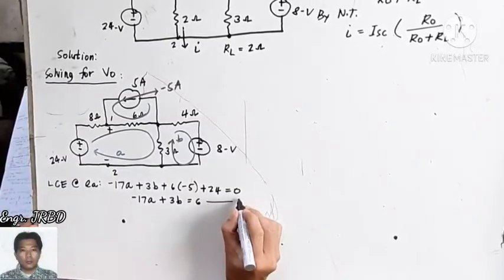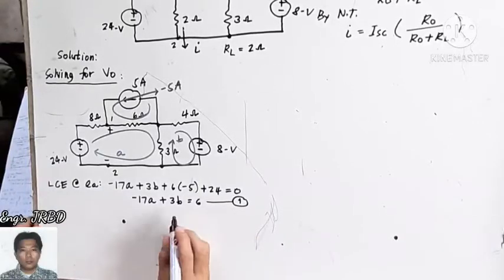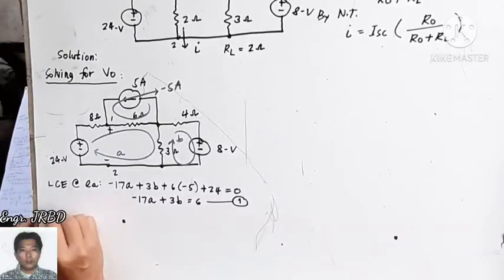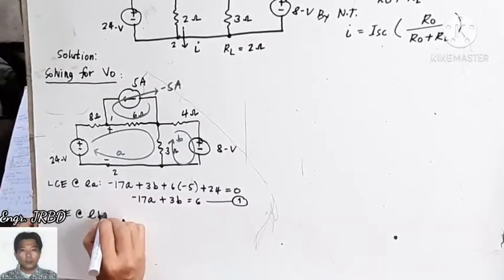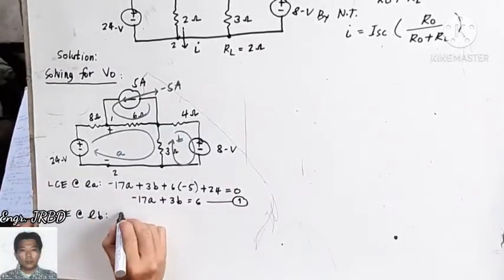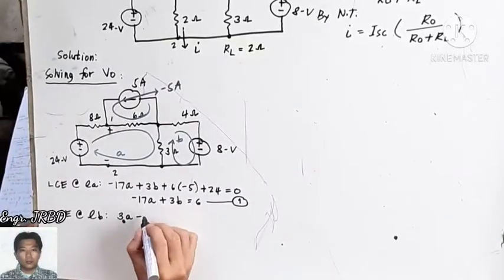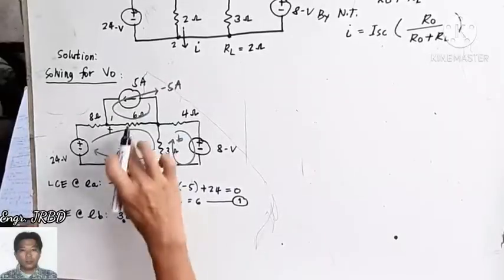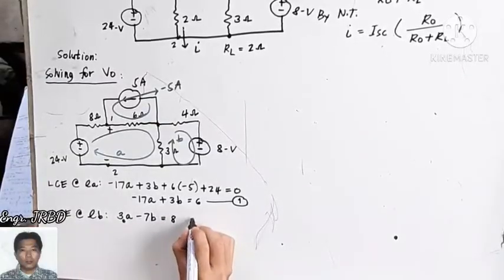Correct? That is our first equation. And our second equation is obtained in the same way, no? Loop current equation at loop B. This is 3A minus 7B. From plus to minus, that is negative 8. We transpose that to the other side, it will become positive 8 volts.